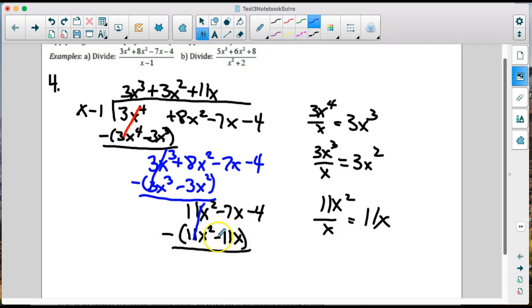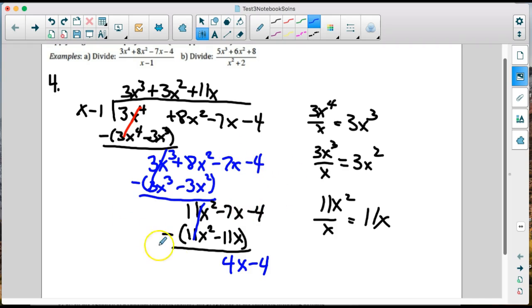We're going to have negative, so that's going to be positive 11. Positive 11 and negative 7 is going to be positive 4x. Okay, and then we're going to bring this term down, and we're going to have minus 4 here. So 11 minus 7 is going to be 4x.